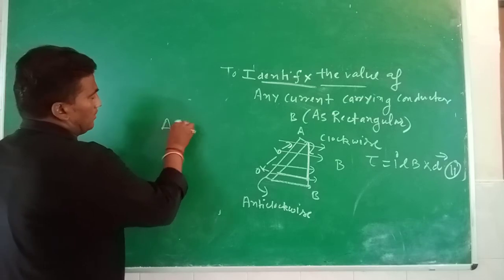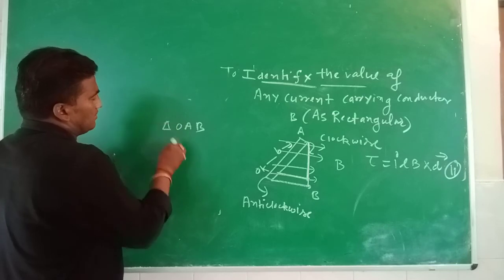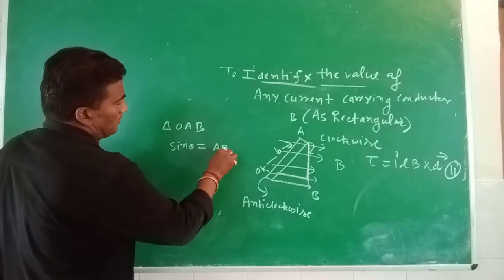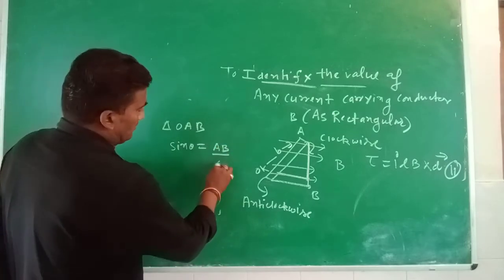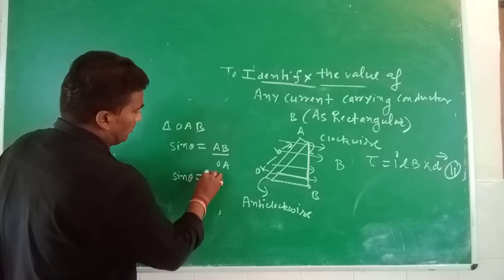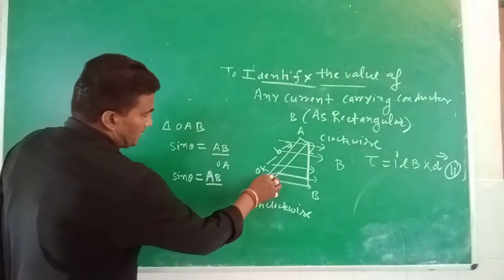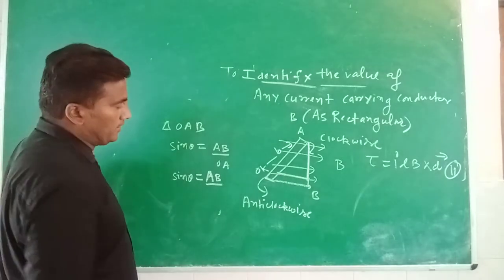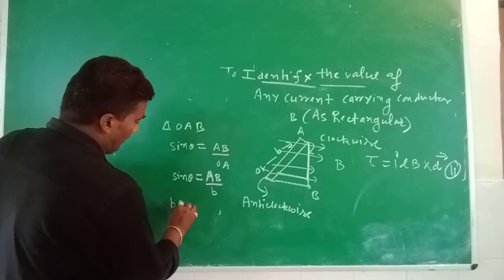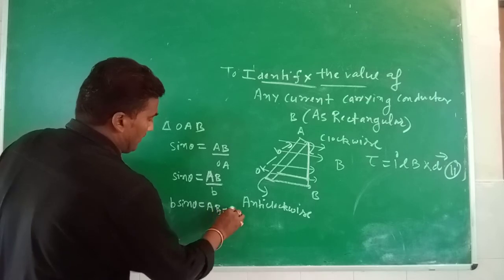In triangle OAB, sin theta is equal to perpendicular upon hypotenuse, then sin theta is equal to AB upon OA. That is the distance between the two points O and A. The value is given as B. Then B sin theta is equal to AB, and it is also the displacement for the given component.